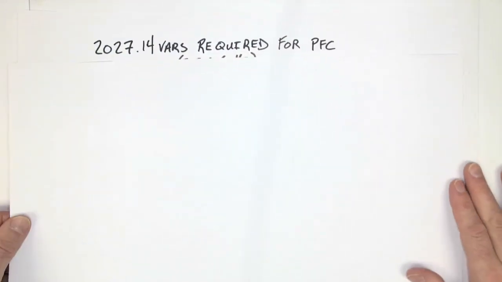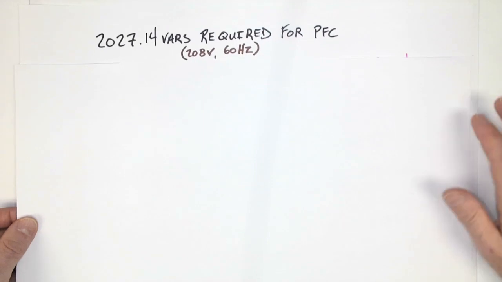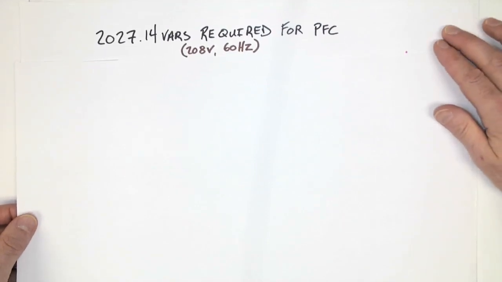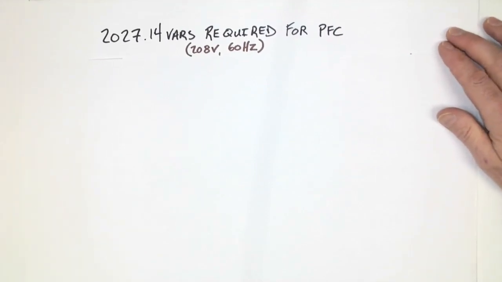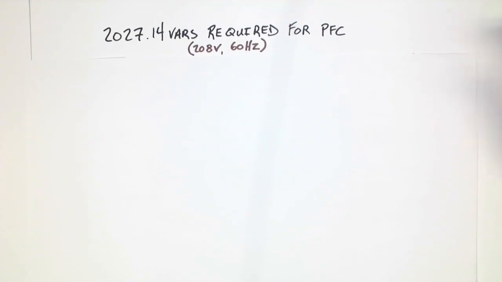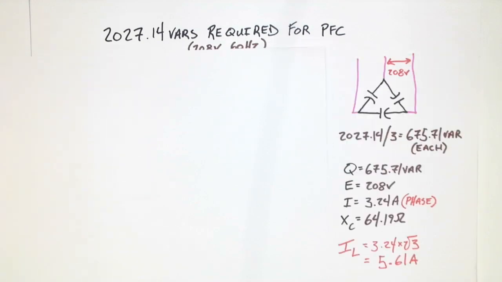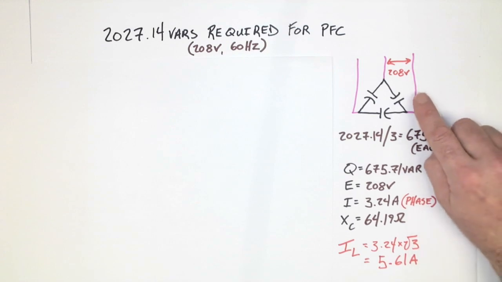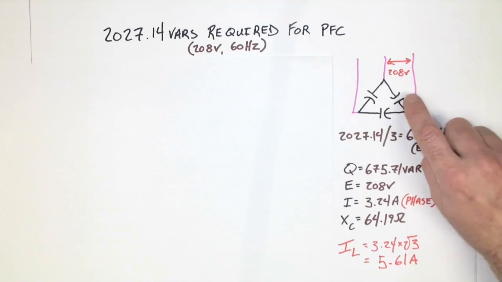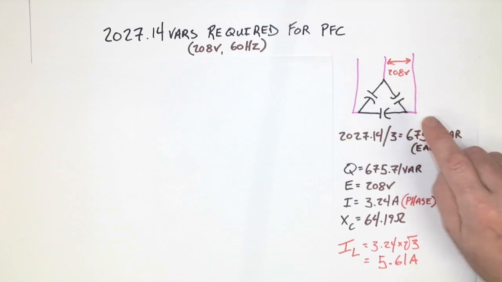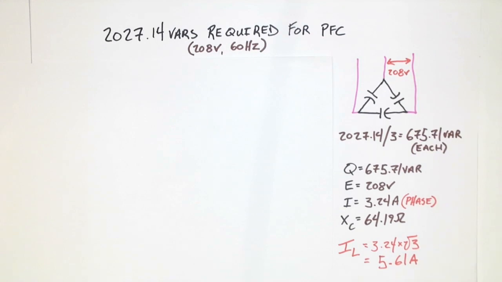So we've already determined that for our particular motor, we had just over 2,000 capacitive VARs required for power factor correction. Now, if we were to size and determine the required bank based on it being delta, well, delta 208 volt line, which would then mean that each capacitor had 208 volts across it.